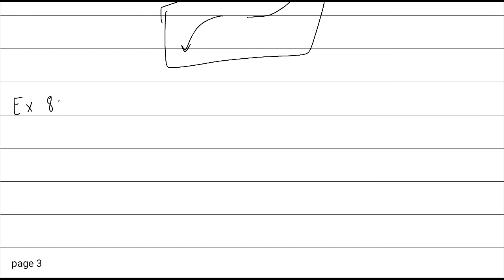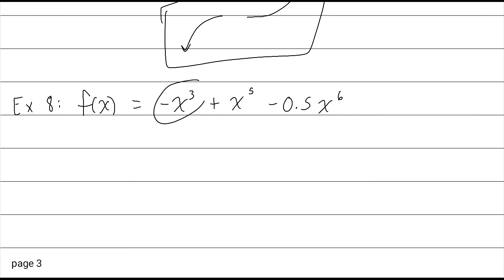All right, next example, f of x equals negative x cubed plus x to the 5th minus 0.5 x to the 6th. All right, so careful with this one. Resist the temptation to say that's your leading term because it's first. No. Look at the exponent, right? The highest exponent is 6. This is my leading term.